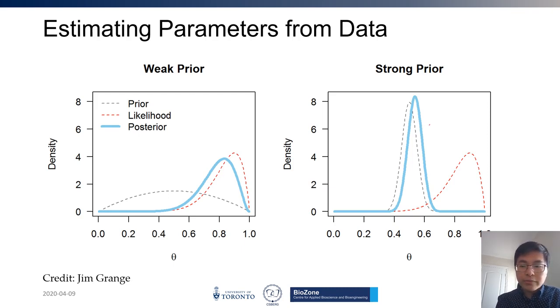In this case where you have a strong prior, even though you observed evidence that is much different than what your prior belief is, your posterior, your updated belief, isn't that much different than what you previously believed in, even though it did shift a bit in the evidence.